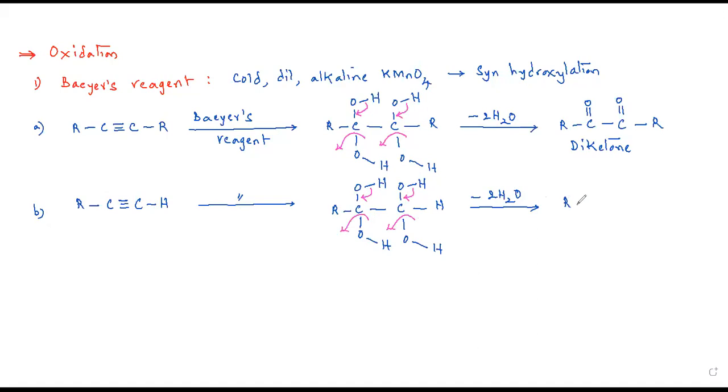In this case, we get R C double bond O, C double bond O, here it will be just H. No much difference, because it's just dilute and under cold conditions we are carrying out this reaction. The bond is not going to get broken. The same, of course, can be seen with the hot alkaline permanganate.